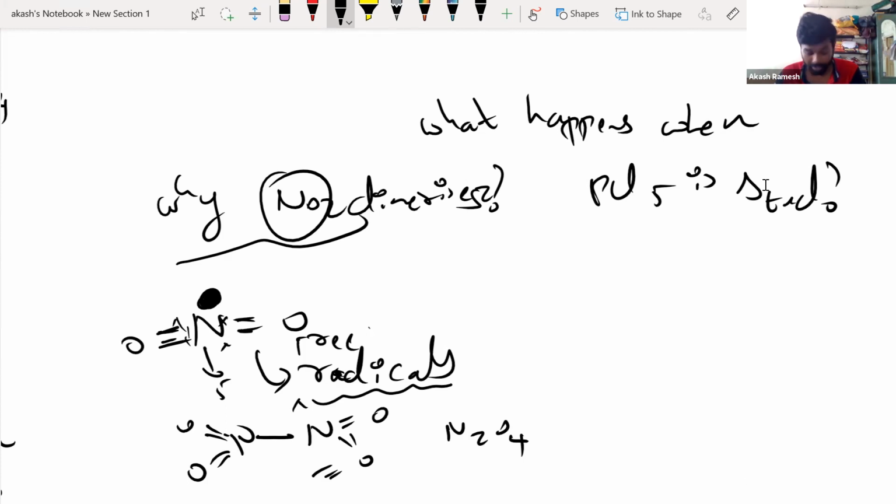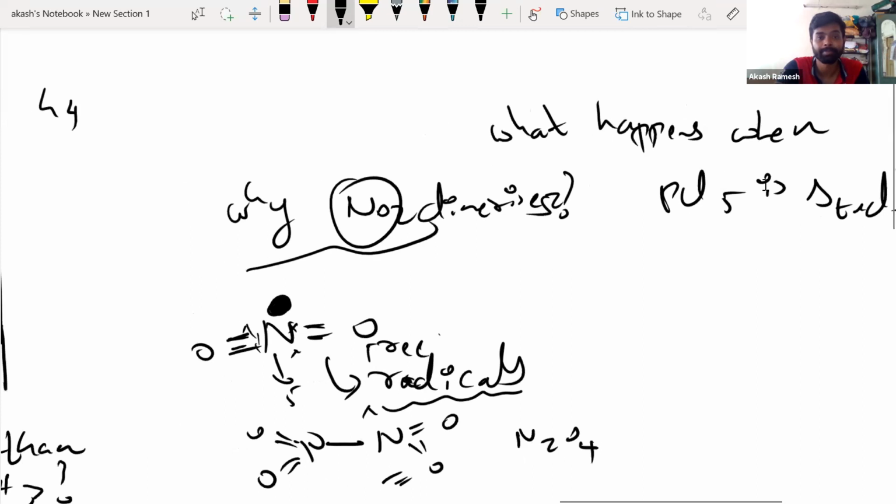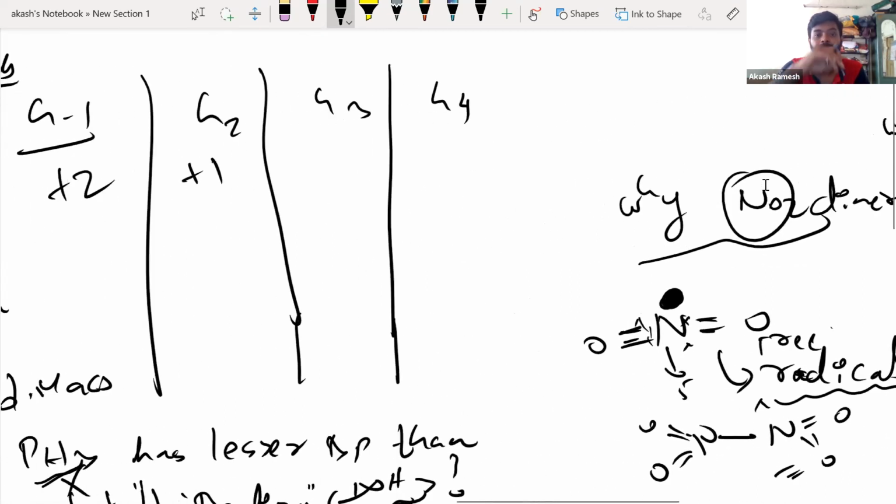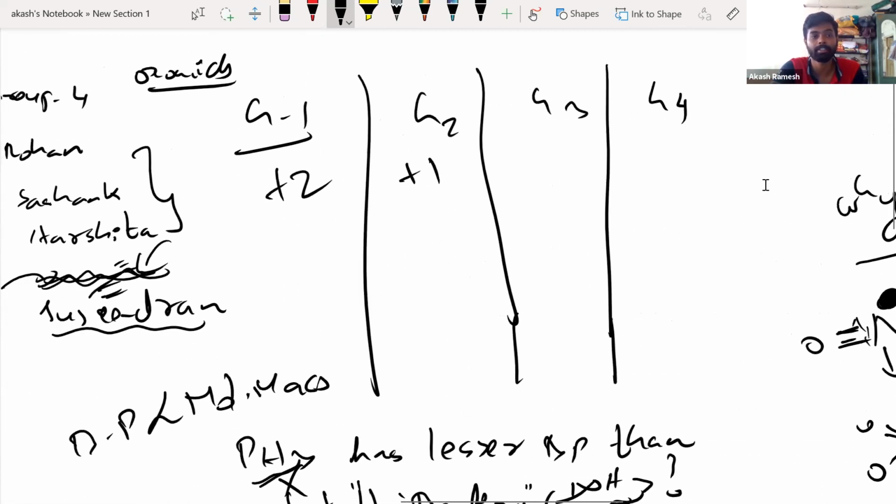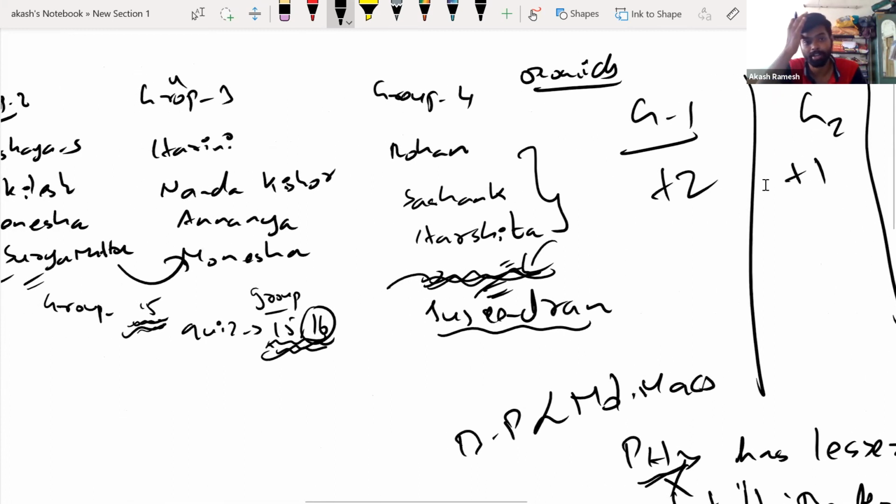Okay, is the answer ready? What happens when PCl5 is heated? Group 3. Group 3 is Aruni, Nandakishore, Ananya, and Manisha.